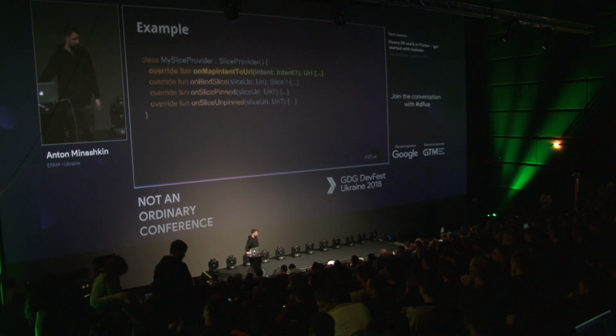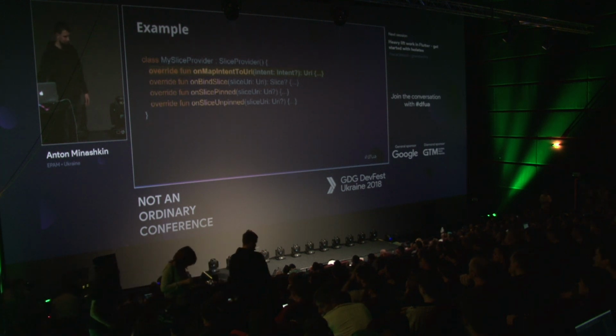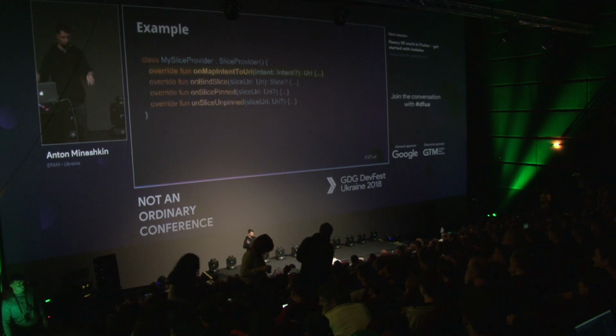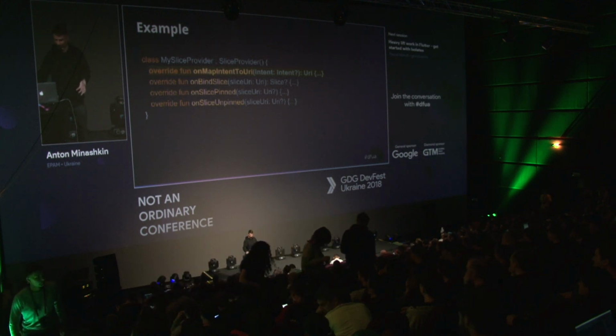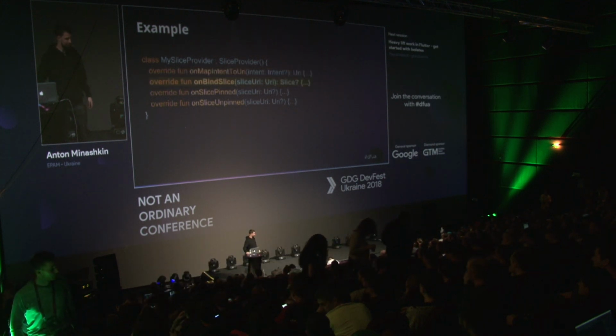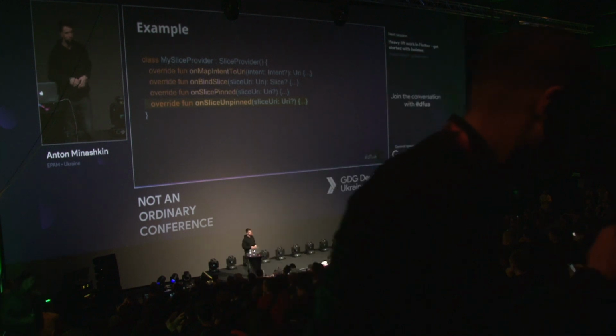Let's go through the methods. So onMapIntentToUri is a method to create a URI from some intent. onBindSlice is the main method which will be used from your code and from your project to create the slice, create the view. So it's kind of like onBindViewHolder from RecyclerView and stuff like that. onSlicePinned and onSliceUnpinned are not used for now.